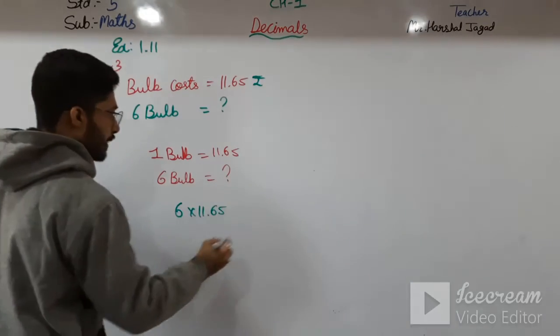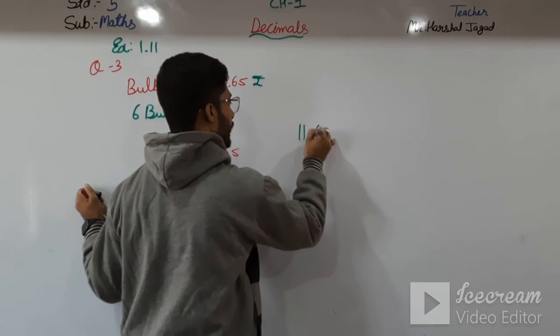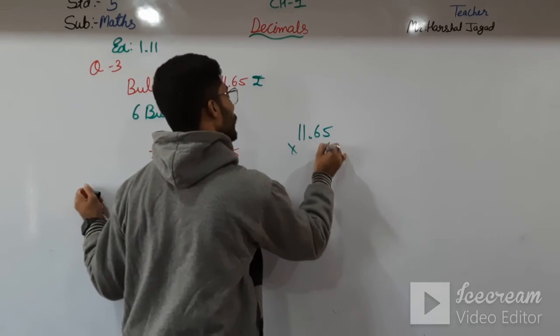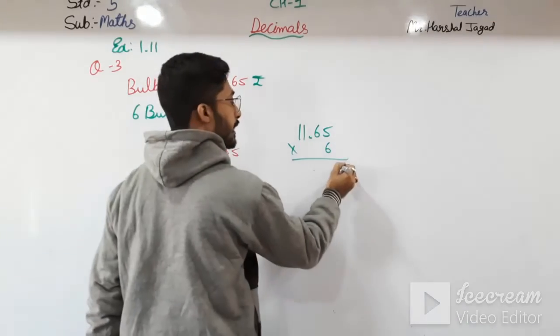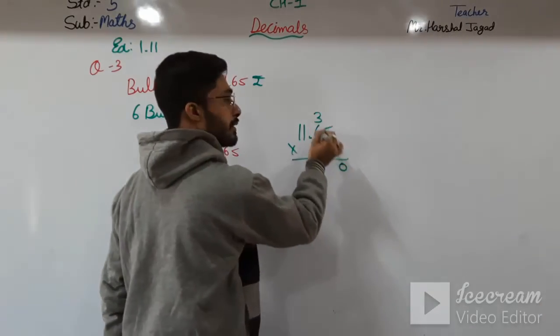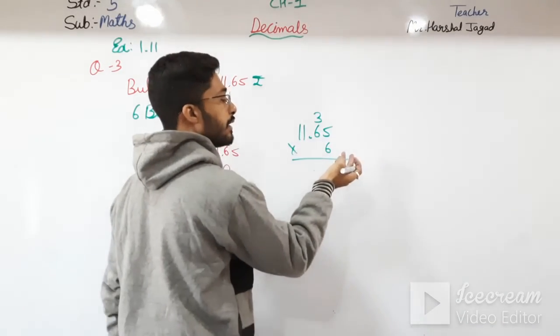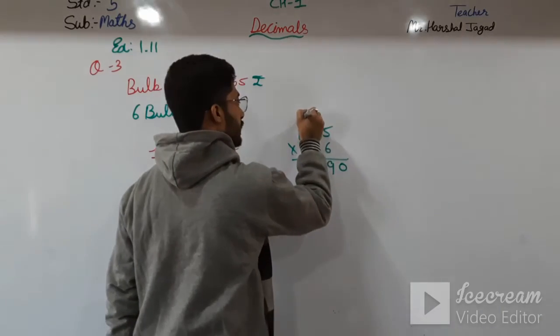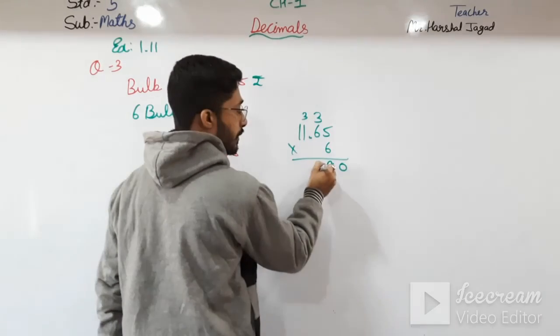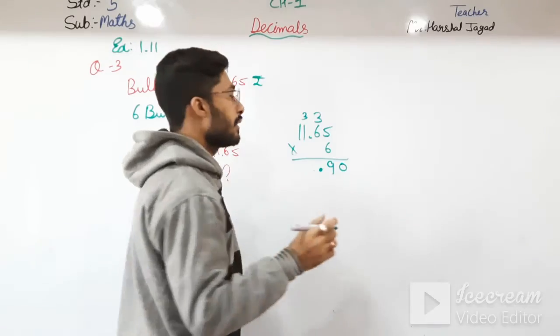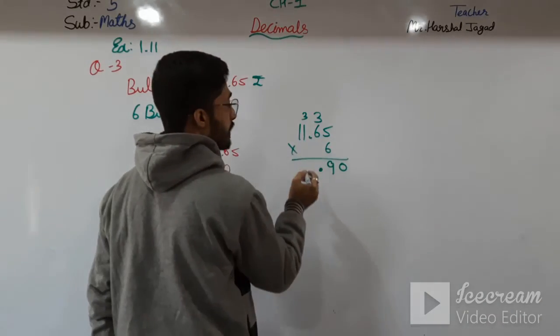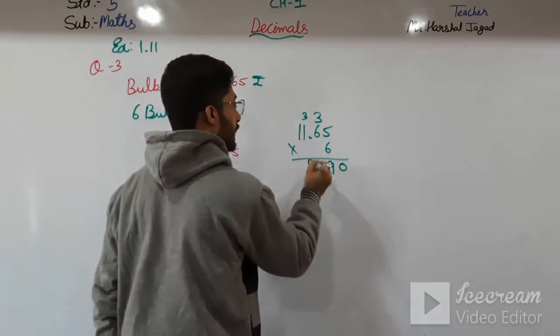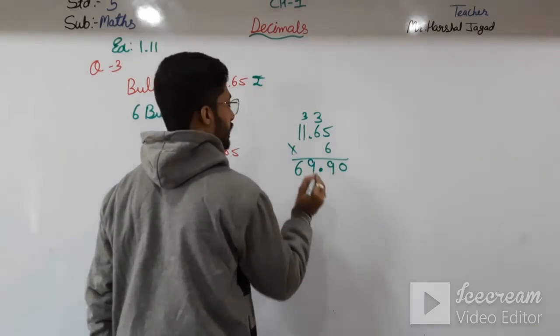Now let us multiply. 6 5s are 30, 6 6s are 36, 37, 38, 39. So here it is 39, and don't forget to put a decimal. 6 1s are 6 plus 3, 9. 6 1s are 6.